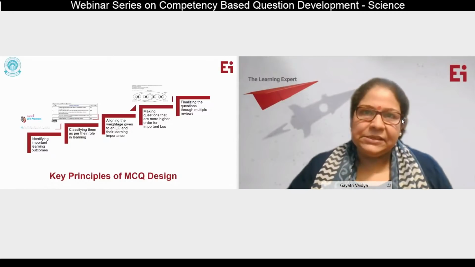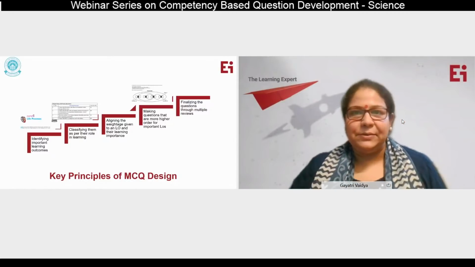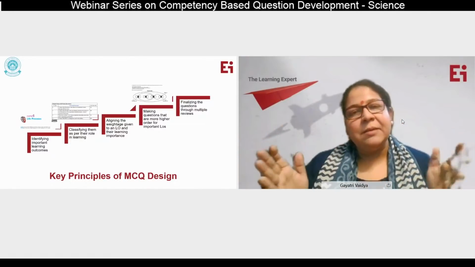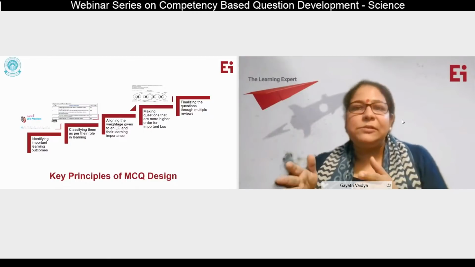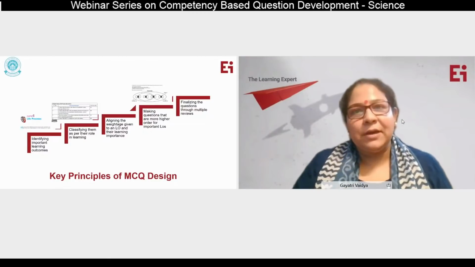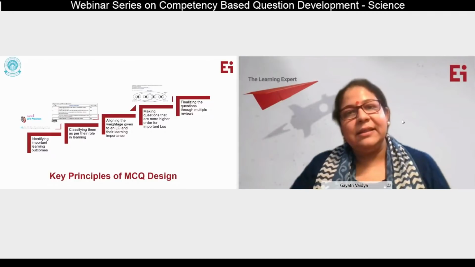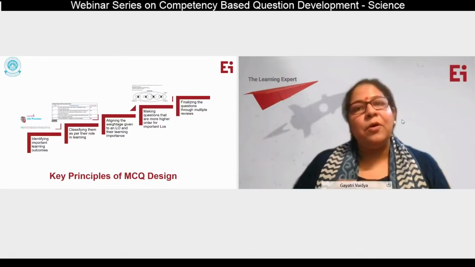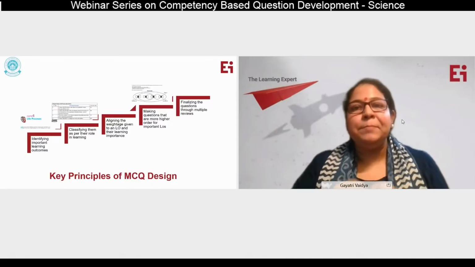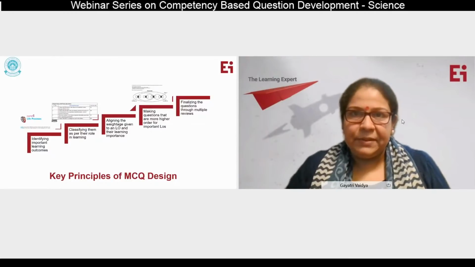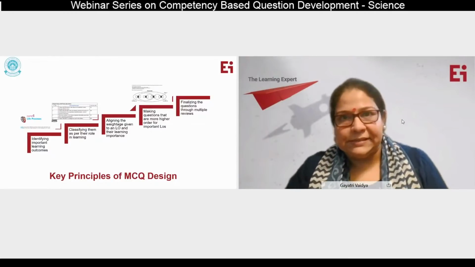When we start making questions, what is important is that term one itself would have multiple topics or chapters, but when you design an assessment, you have a smaller set of questions that you can put together. So it's important for us as teachers to understand that there are certain learning outcomes or topics that are important in terms of checking students' mastery, and hence they are more important to test.